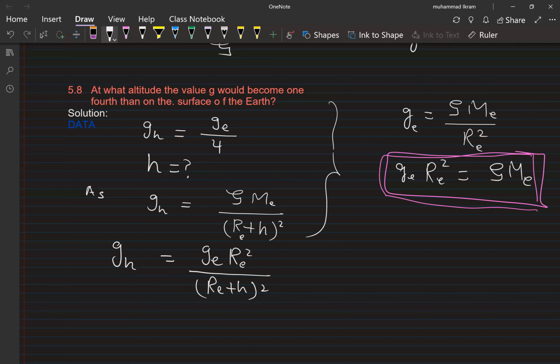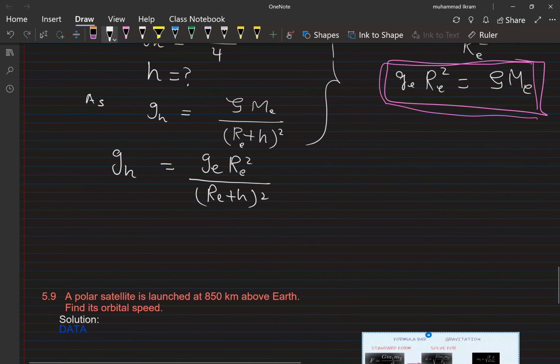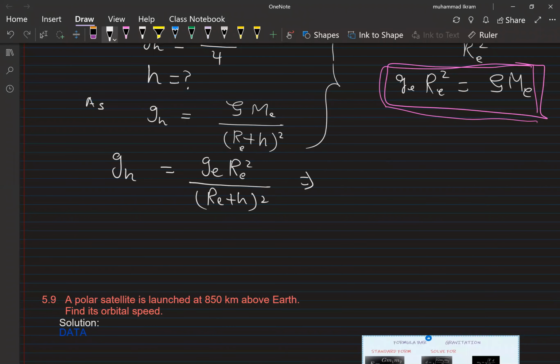Now, if you look here, the value of g on the earth is g, which is given to me. So this is g Re square and this is (Re plus h) whole square.